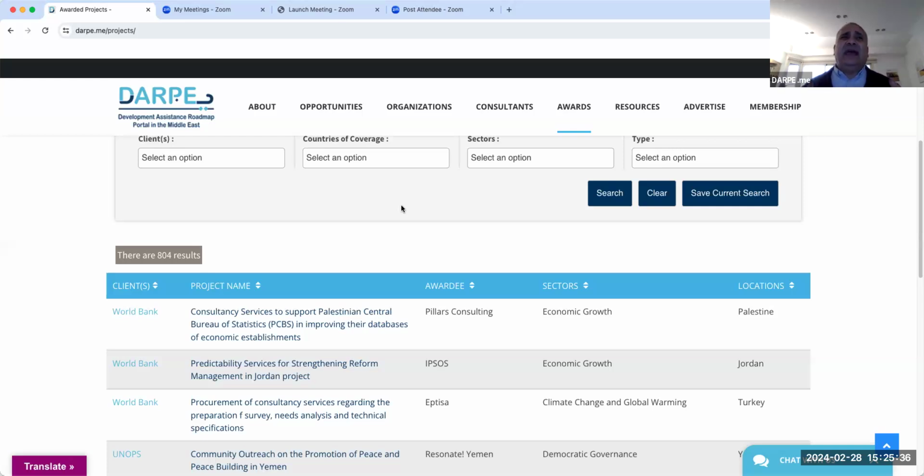It's international development money as well as Arab organizations' money, but as more is available from the international development procurement notices, it's more about international development.